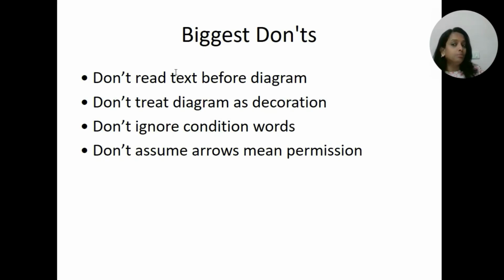No, you're not supposed to do that. The correct order is: read the question first, then identify the goal, like where, which, how. Then identify the restrictions using keywords such as must, cannot, only, and then read the text instructions. Then finally you can study the diagram. The diagram only makes sense after you know what you're looking for.